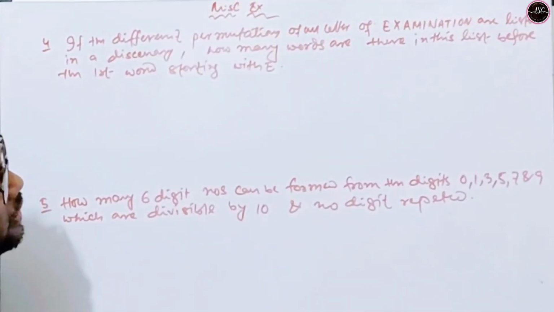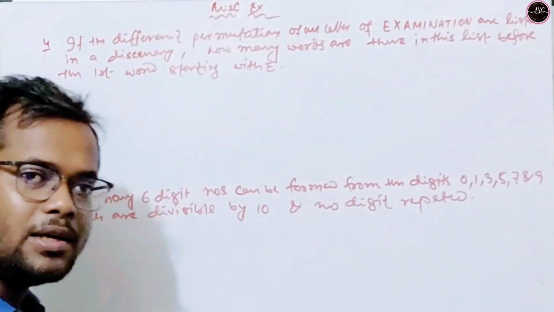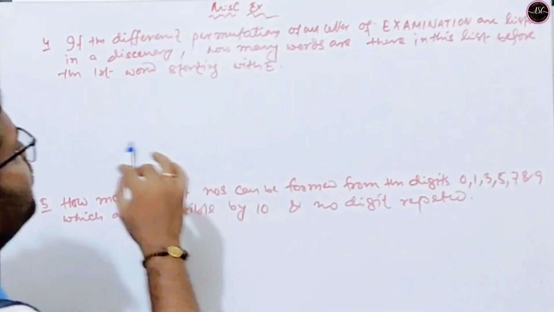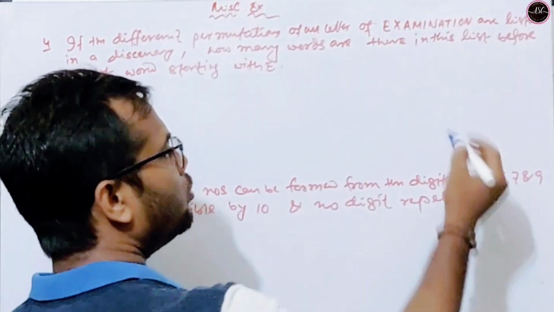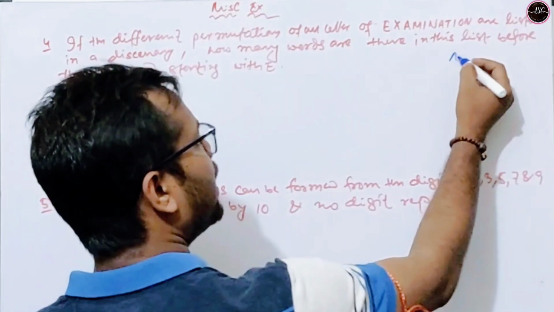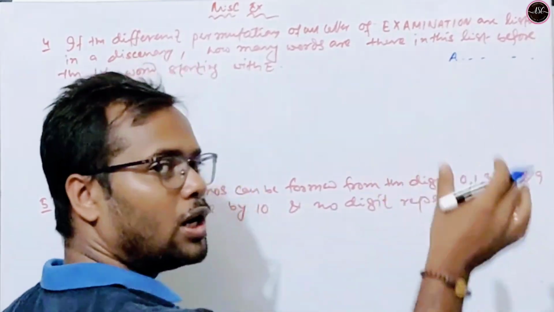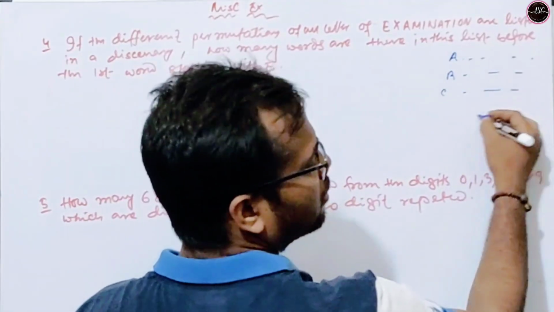Then look at this question. If the different permutations of all letters of EXAMINATION are listed in a dictionary, how many words are there in the list before the first word starting with E? So in a dictionary we know all the letters should be arranged alphabetically. That means we have the words all starting with A, then B, then C, and so on.